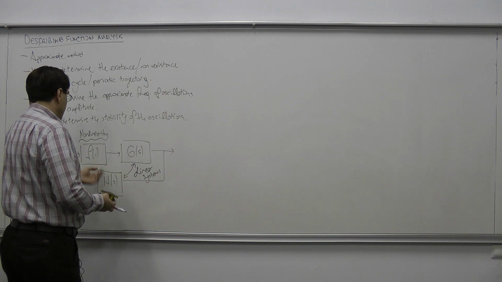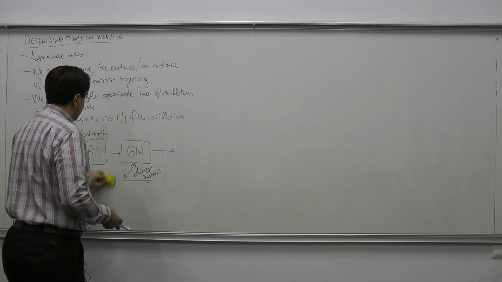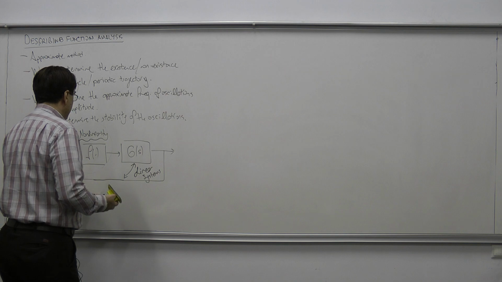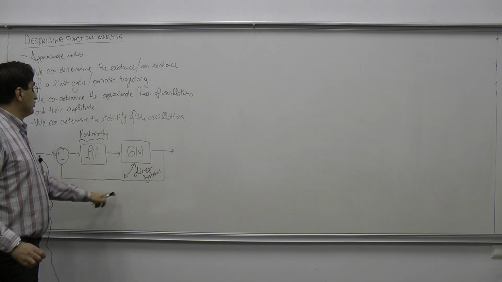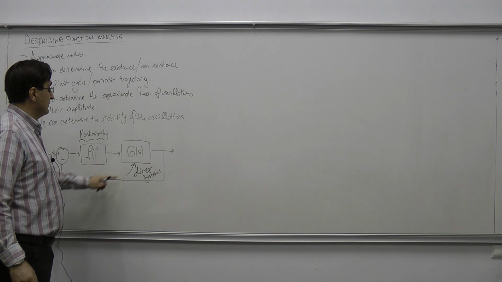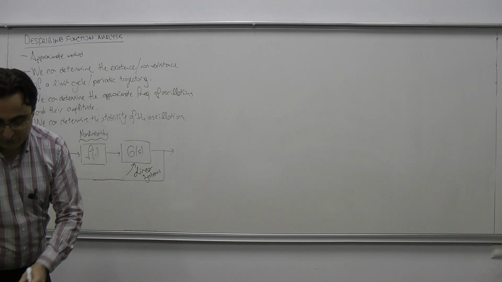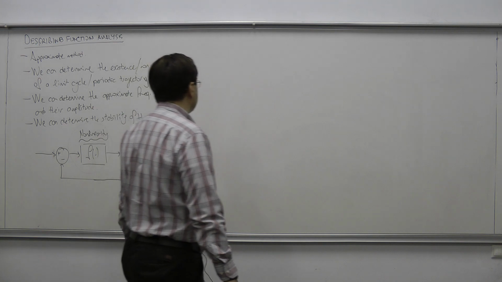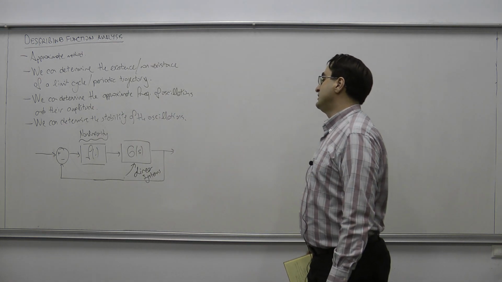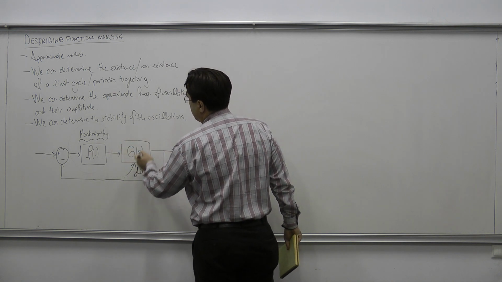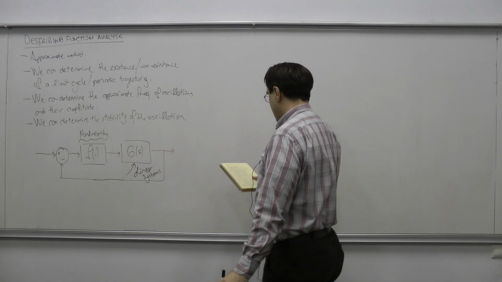But here, for simplicity, I will assume that this is unity feedback, okay? But you can always put here another linear system that would represent your sensor, right? But for the time being, let us assume that we have a unity feedback system, and the only linear system here is given by this.